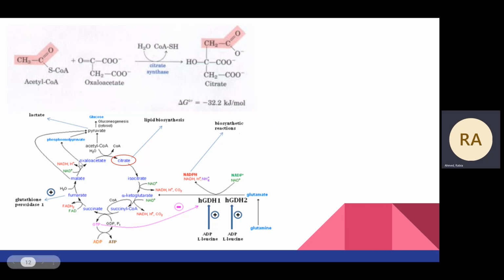So citrate synthesis is required because it starts the citric acid cycle, and it leads to alpha-ketoglutarate, which is an intermediate, and it yields glutamate. And then glutamate is going to form oxaloacetate, which then converts into aspartate.